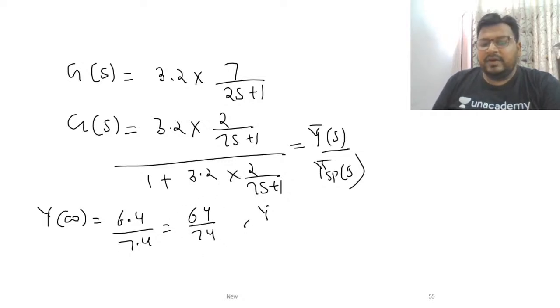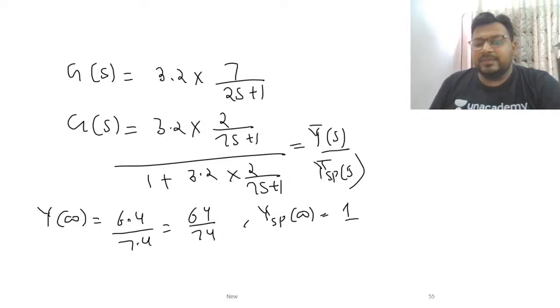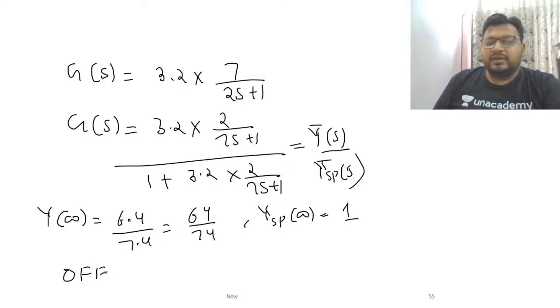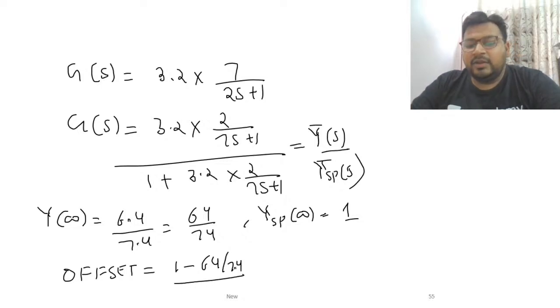And what is the value of ysp? Ysp value will remain 1 because you have provided a unit step change. So what is the offset? Offset will be 1 minus 6.4 by 7.4. That is the value of the offset. That is non-zero. So for the P action, the offset is non-zero.